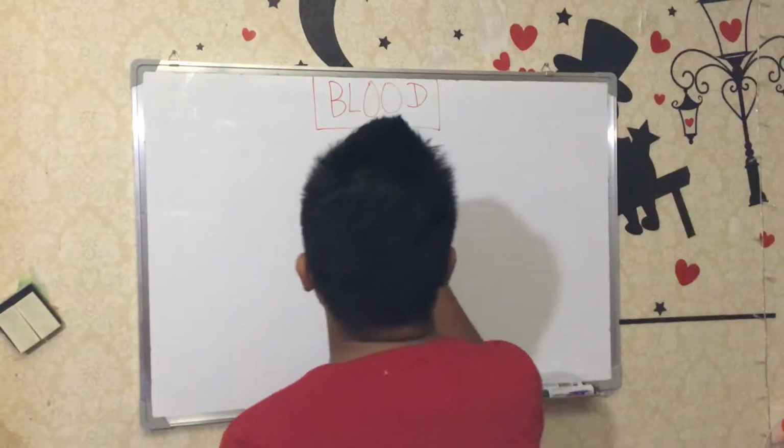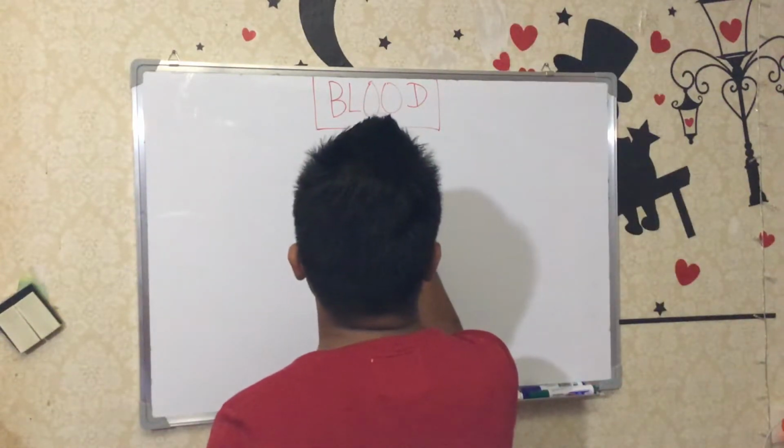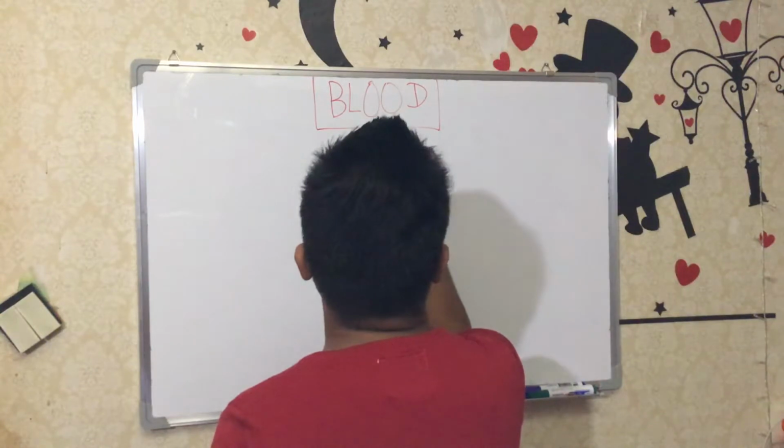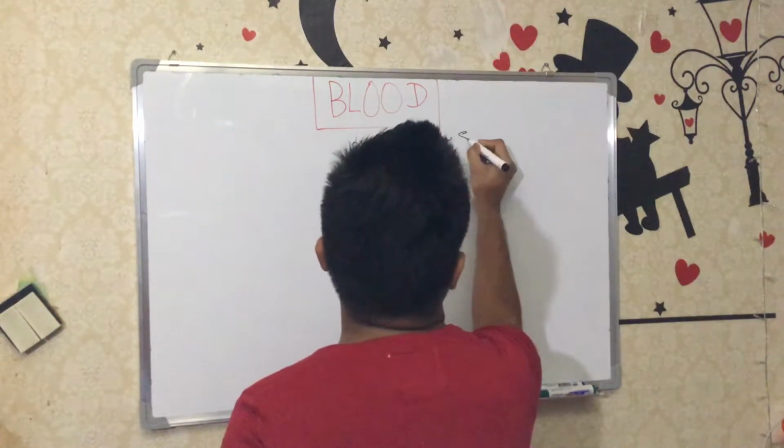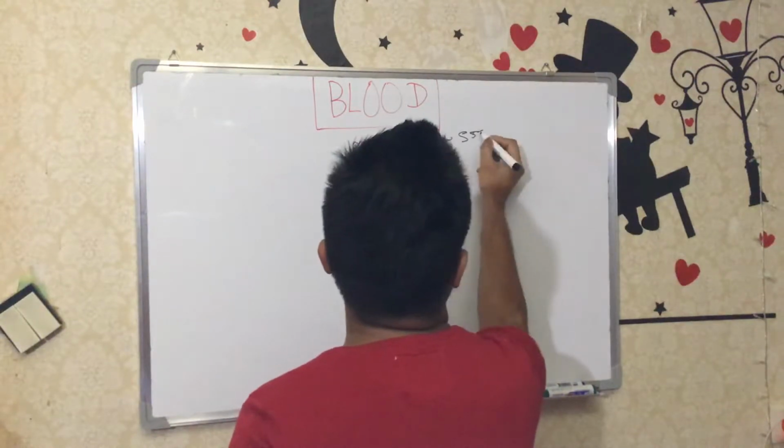So let's discuss plasma protein first. Plasma protein is 55%.